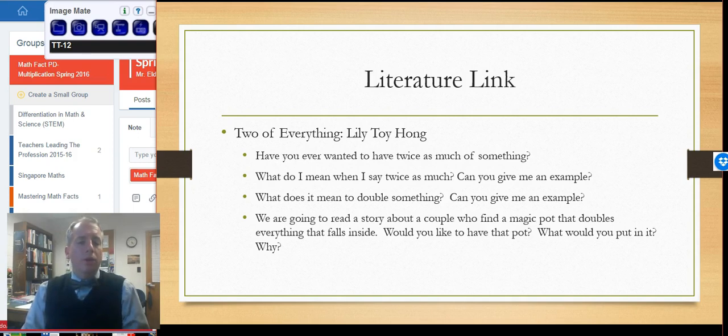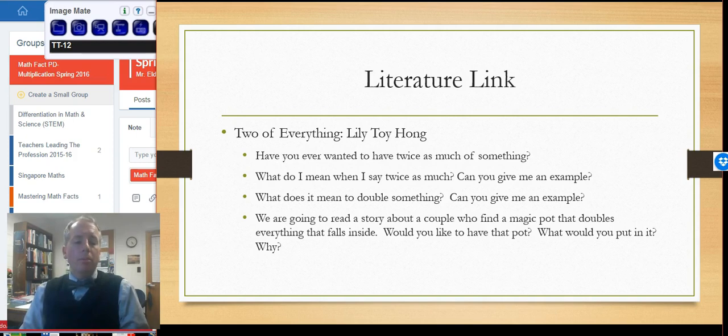And remember that you could substitute any piece of literature, and that you could certainly pull from a novel, right, or from a story online, from a news event, those kind of things. But we're going to use the text Two of Everything, and we're going to do a little read aloud here in just a second because I think it's important to walk through these things. So hopefully a read aloud will give you a chance just to sit back and enjoy the story.